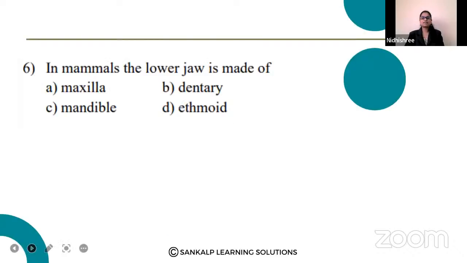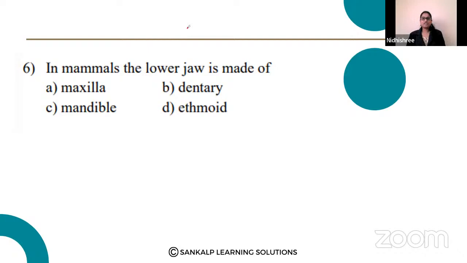The next question, that is question number 6 of today, is in mammals, the lower jaw is made up of option A, maxilla, option B, dentary, option C, mandible, option D, ethmoid.